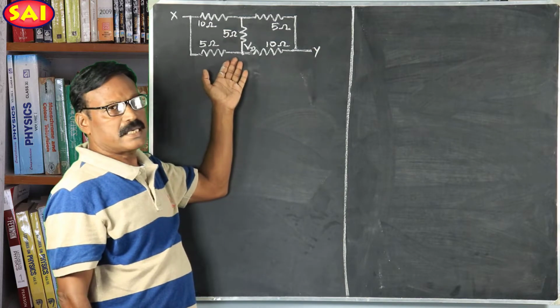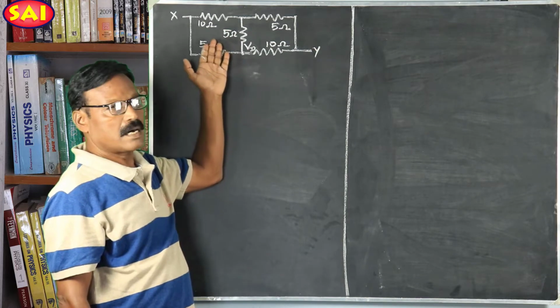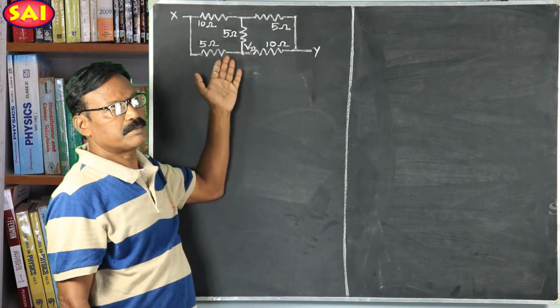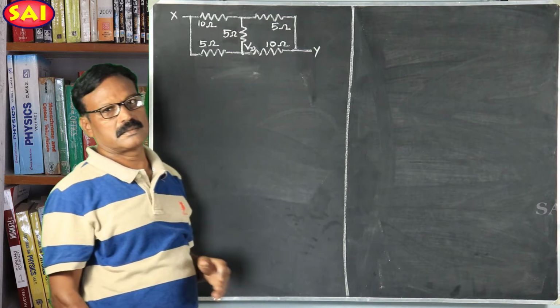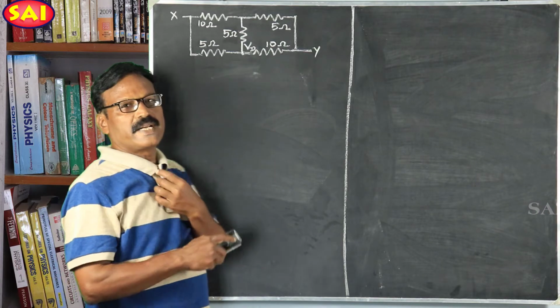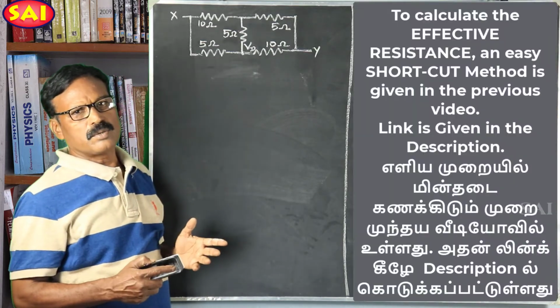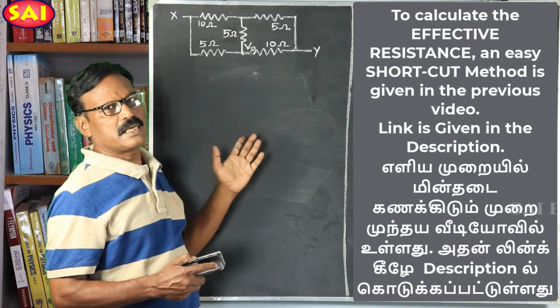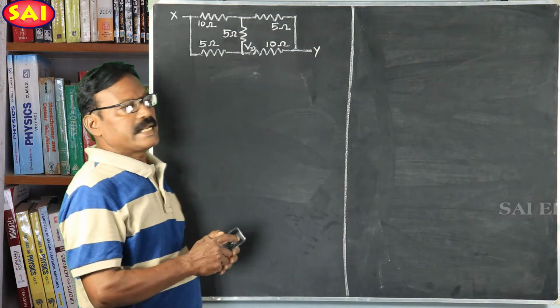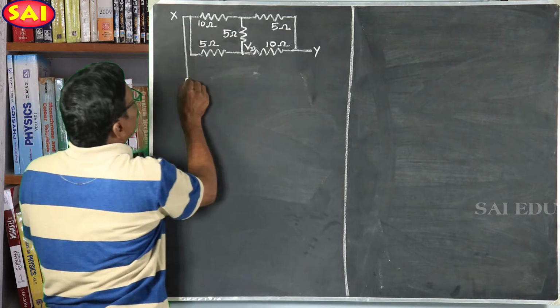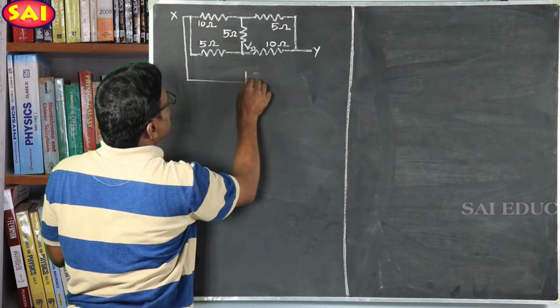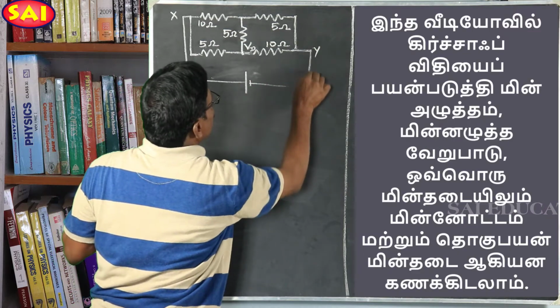In our previous video, we calculated the effective resistance of this unbalanced bridge using a shortcut method. Now, in this video, we are going to use a general method, that is, we are going to apply some potential difference between these 2 points.